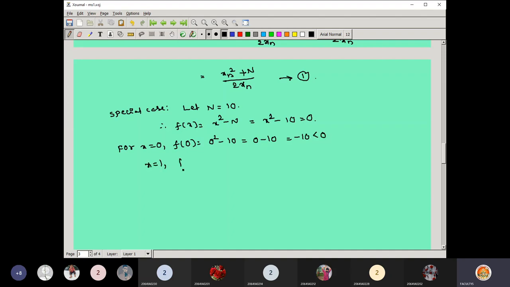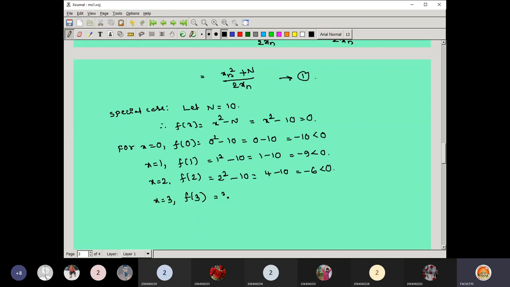Similarly x equal to 1, f of 1 is 1 square minus 10, which is minus 9, also less than 0. x equal to 2, f of 2 is 4 minus 10, which is minus 6, also less than 0. x equal to 3, f of 3 is 9 minus 10, which is minus 1, again less than 0.